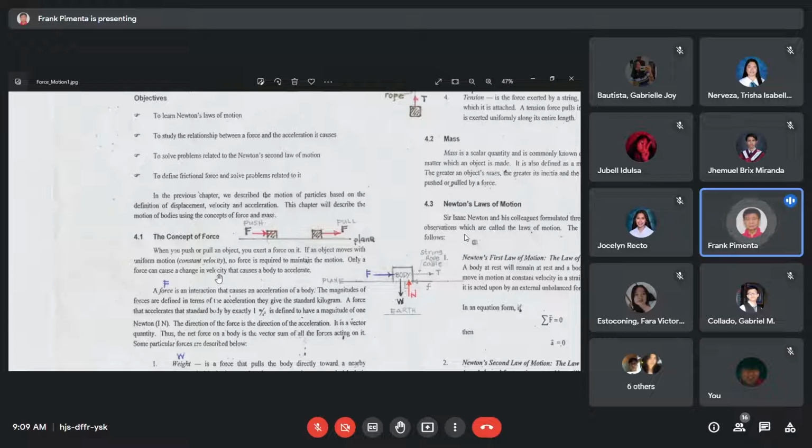Only a force can cause a change in velocity that causes the body to accelerate.